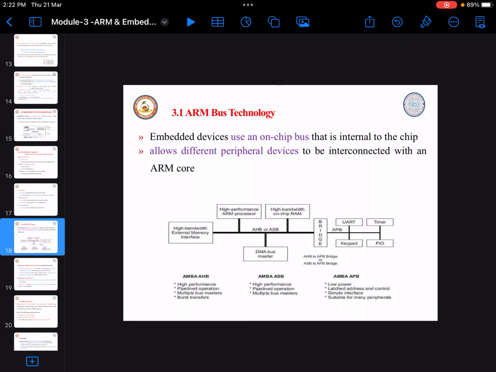Coming to the peripheral bus, it operates at low power, and it has a latched address and control bus, and a simple interface suitable for many peripherals. To bridge the AHB and ASB with APB, you have a bridge network. You can observe this.